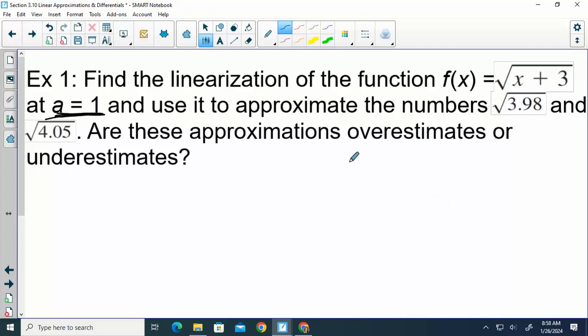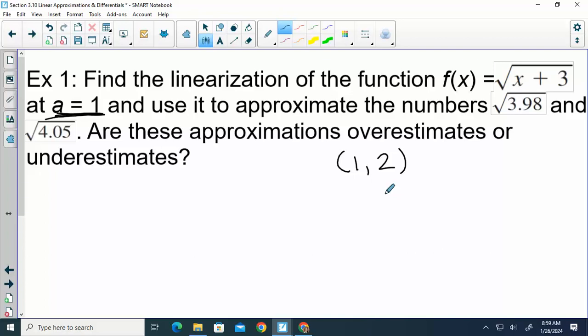So at this point, if my x is 1, can you tell me what the y value is at that point? 2. If you put it into the equation, you get the square root of 4, which is 2. So typically when we're doing a linear approximation, we want an a that we can plug into our ugly function and get a nice answer out.